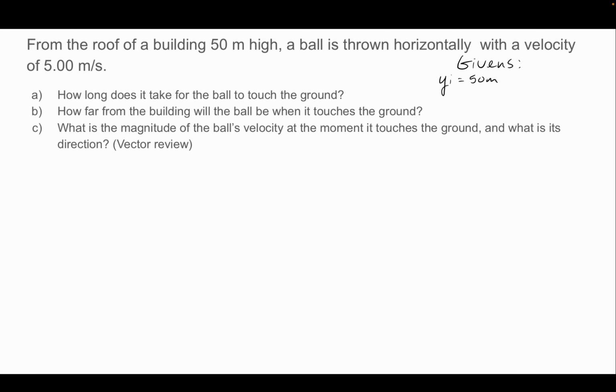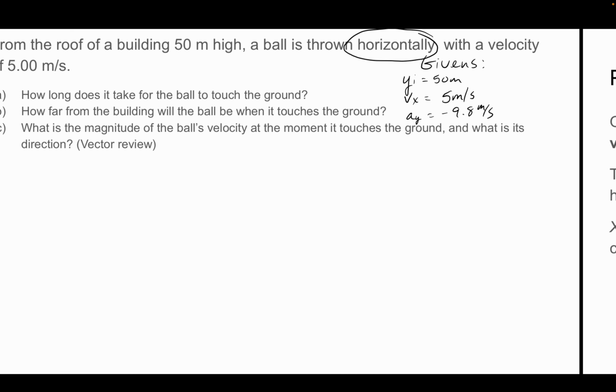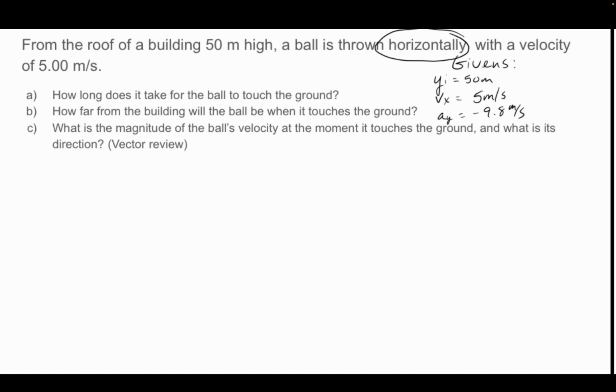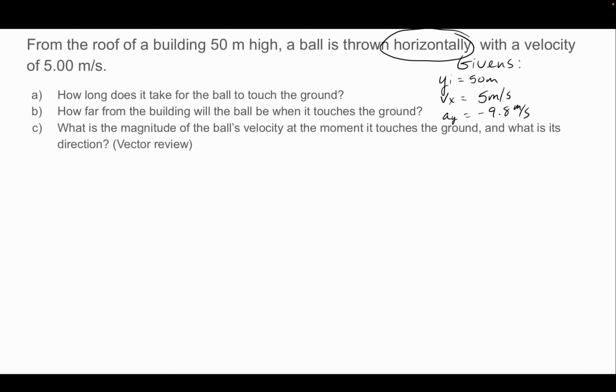I know that I've got a Vx of 5 meters per second because it's launched horizontally. I know that my AY is going to be negative 9.8 meters per second squared. All right, and you know all the other things that are zero. My VIY is 0 because this is launched horizontally, right?